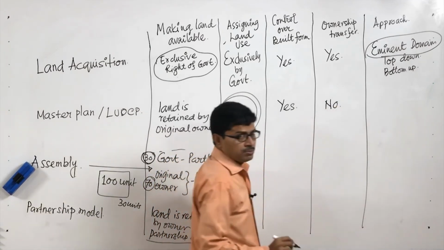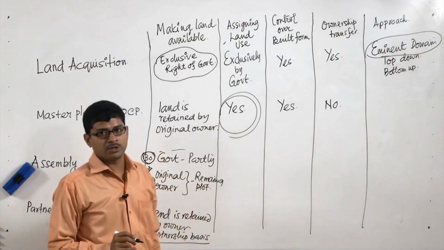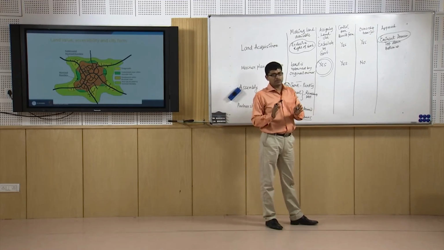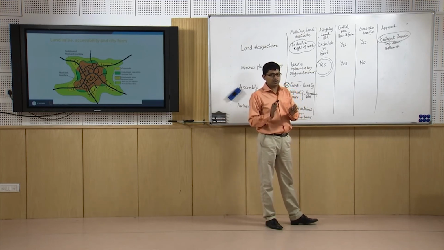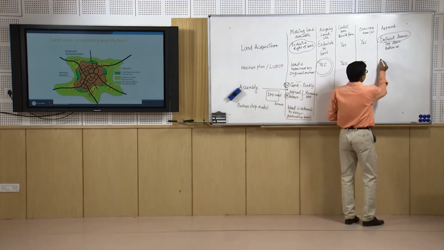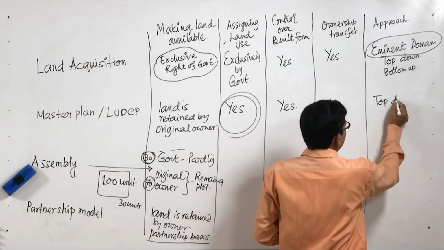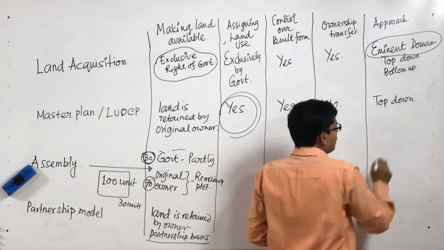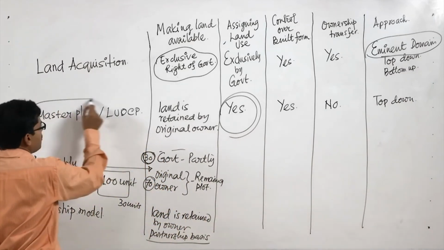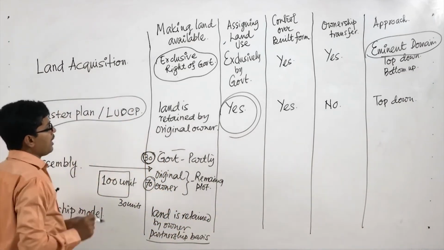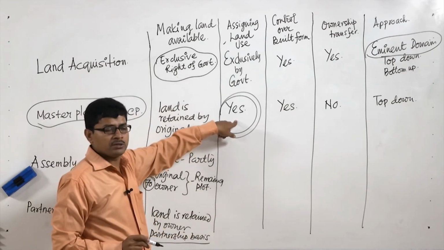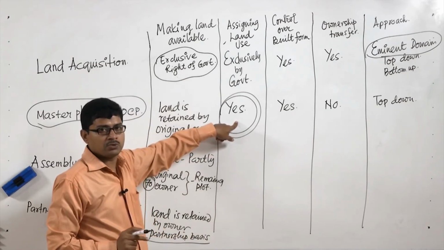So, here no ownership transfer is required from the private to the government. Government is coming and facilitating the development work just by assigning the new land use, and here the approach is also top down, because in the planning process, in the master plan and the LUDCP process, by and large the land use prescribed by the government is not largely discussed with the people.